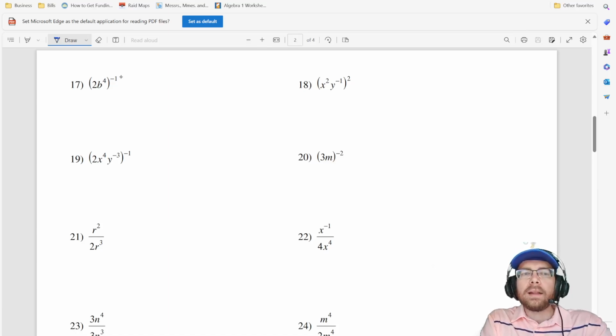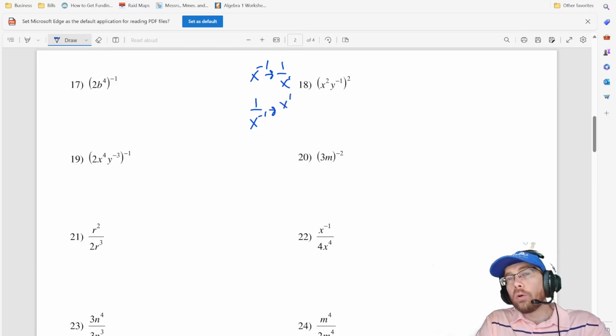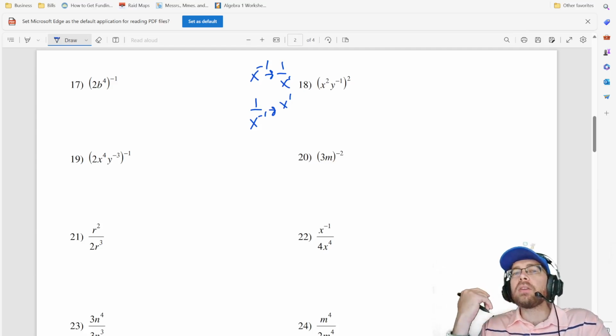When I say something's to the negative 1 power, what that means is I'm going to flip it. So if I say x to the negative 1 power, that's going to flip and be 1 over x to the 1 power still. Or let's say it was already 1 over x, so 1 over x to the negative 1 power. Then that would be x to the 1 power over 1, and you don't need to write it as a fraction anymore because it's over 1.